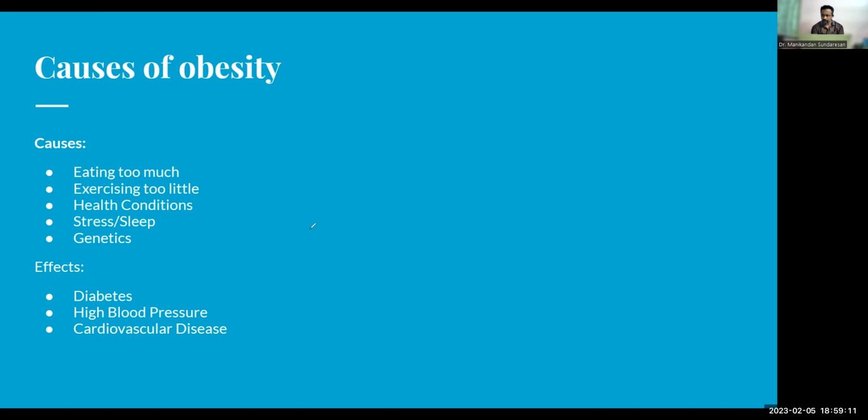If you're exercising too little, then maybe you can eat a little less, still eating the bare minimum needed to have your energy needs met, but you have to compensate with exercise. If you want to eat more, you can, but you have to exercise more. And there are other smaller conditions, like health conditions, that may affect it.